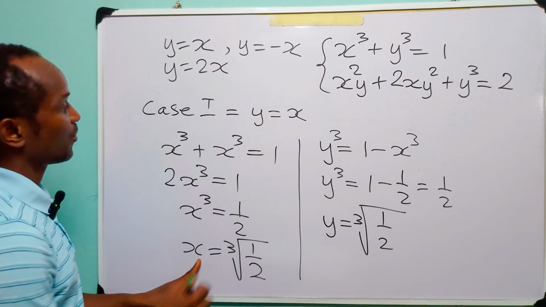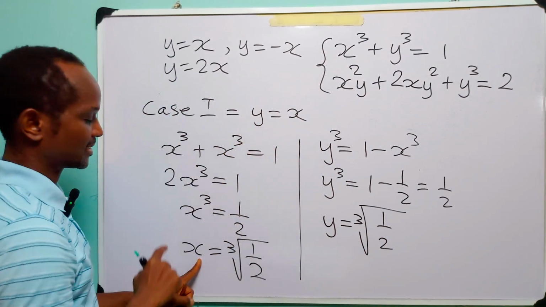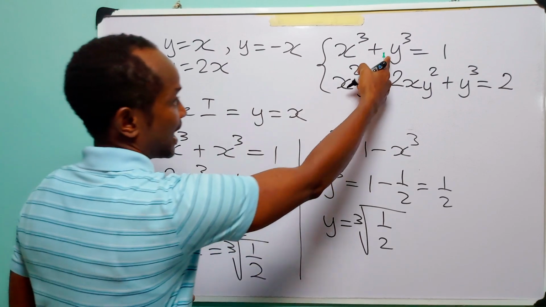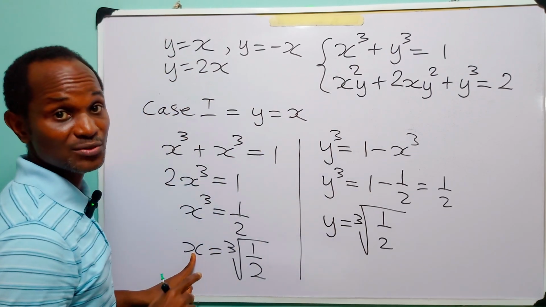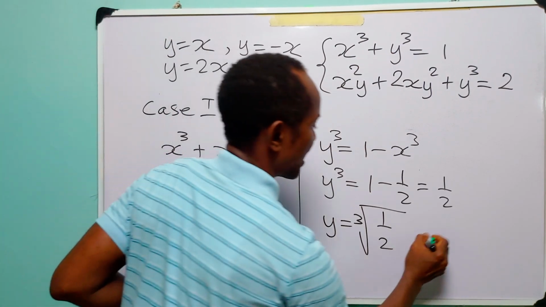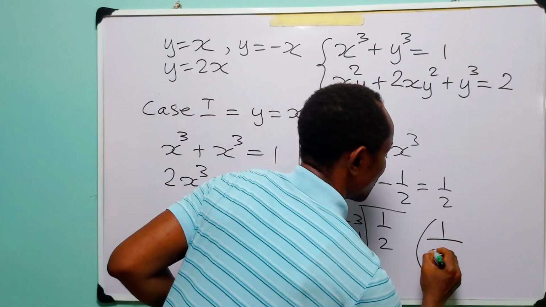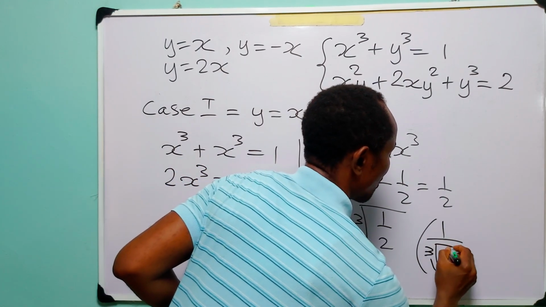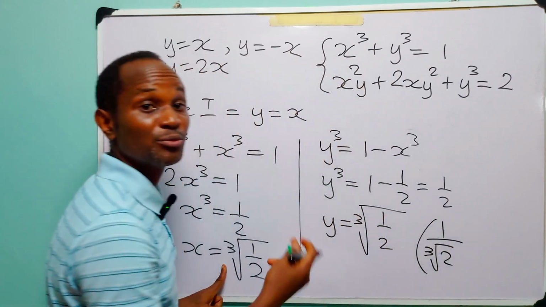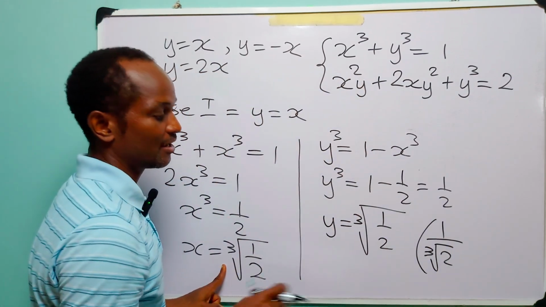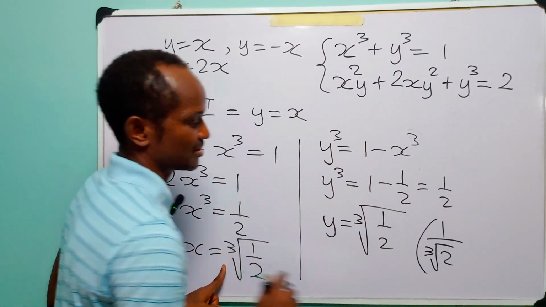So we have that when y is equal to x, the values of x and y that satisfy these two equations simultaneously are x is 1 over cube root of 2, because of course you know that the cube root of 1 is 1, the real values.